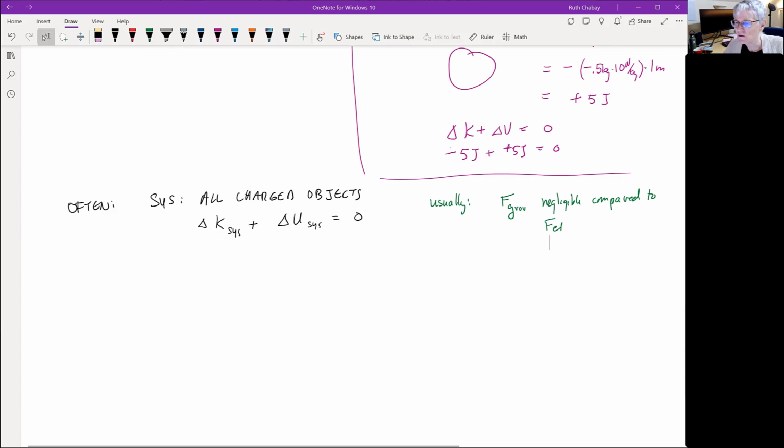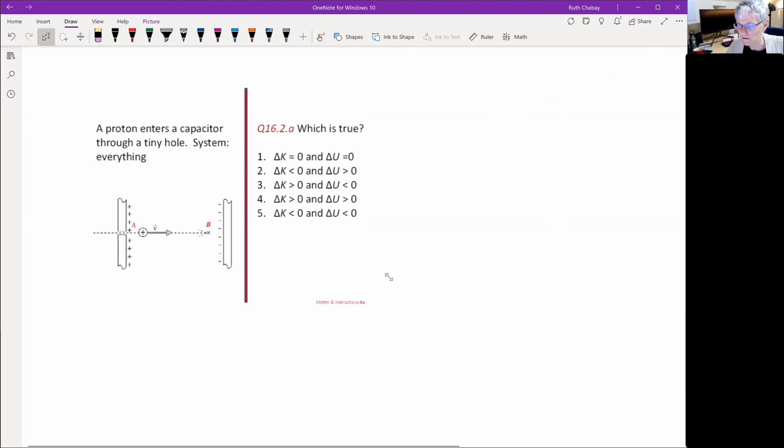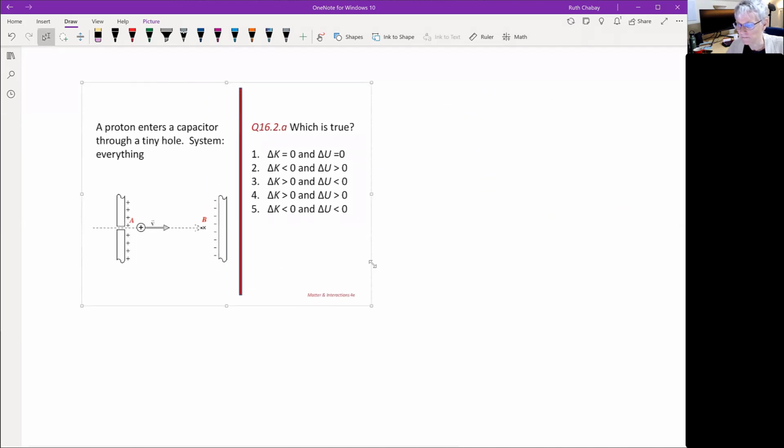So with that preamble, let's think about a situation where we've got a particle moving under the influence of electric forces. Here's a capacitor, and we know that inside a capacitor, the electric field is uniform throughout that region.